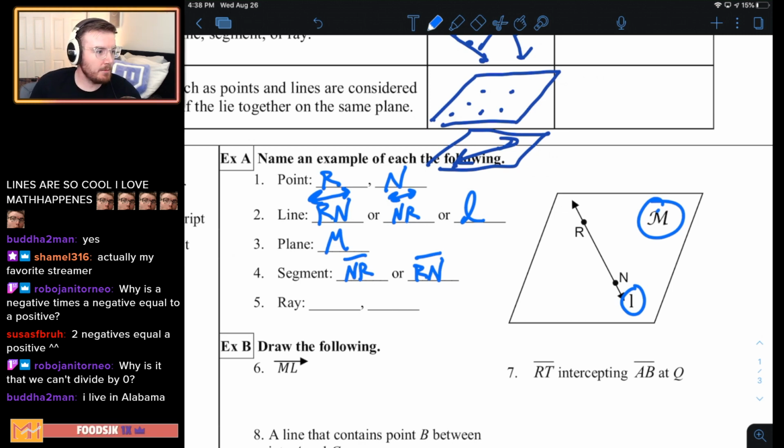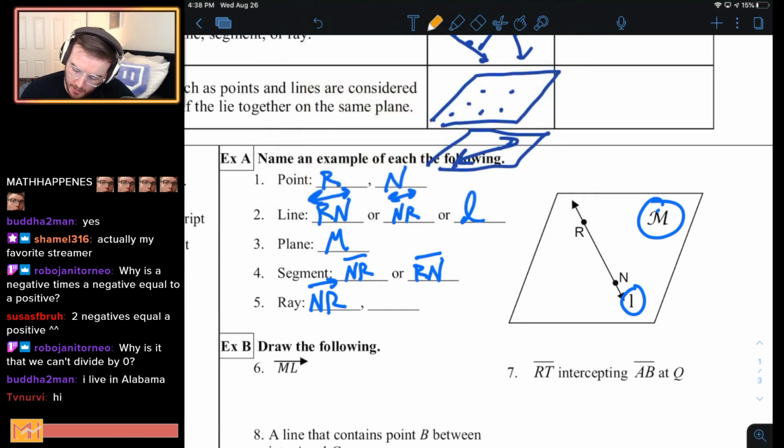A ray is something that goes off in one infinite direction. So I could refer to NR. There's 40 people watching right now. Answer this in the chat for me. Which one is NR? This ray or this ray?